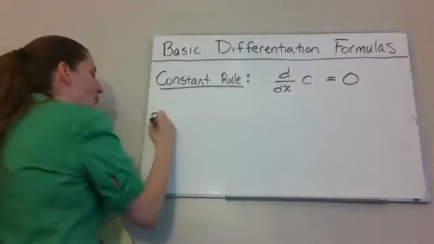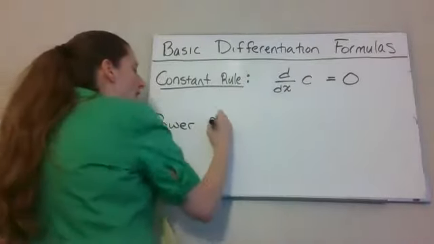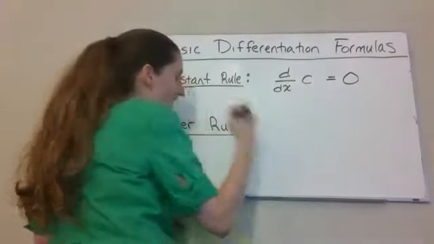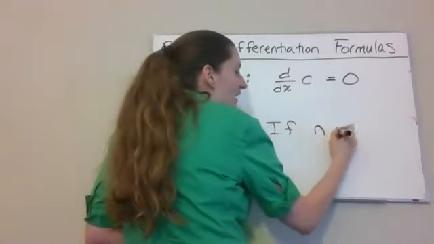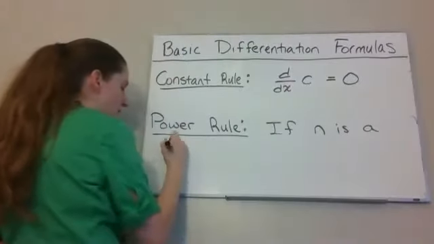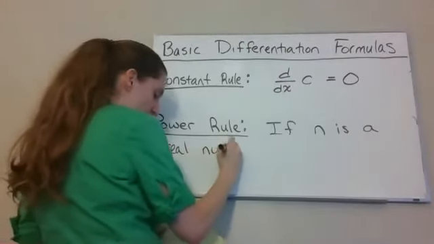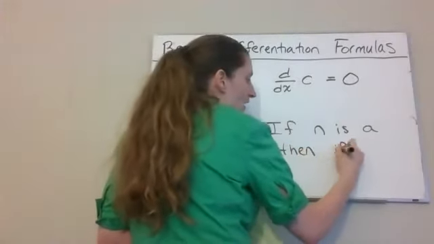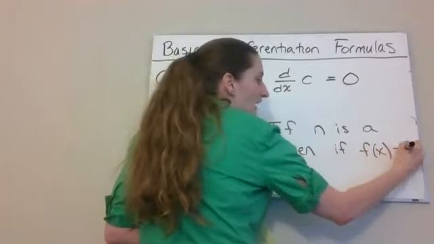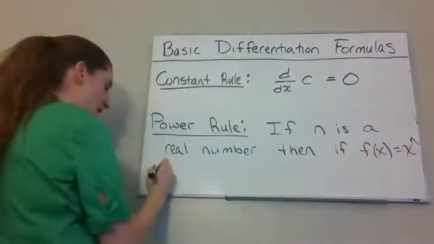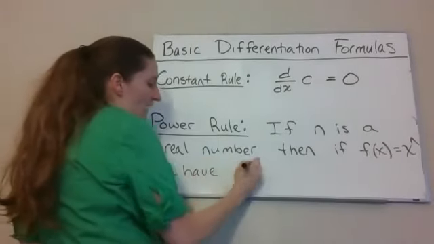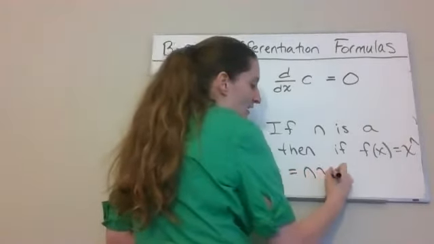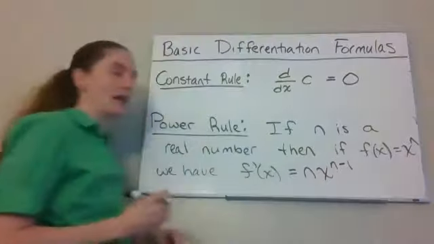Another very important rule for us is called the power rule. And the power rule says that if n is a real number, then if f of x equals x to the n power, we have the derivative f prime of x is equal to n times x to the n minus 1 power.